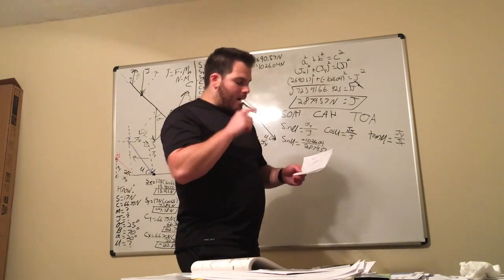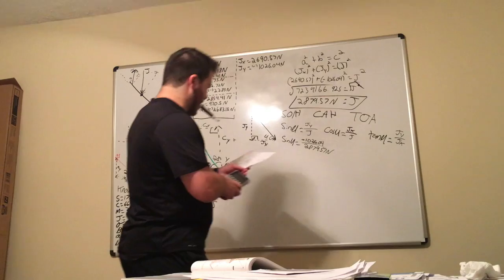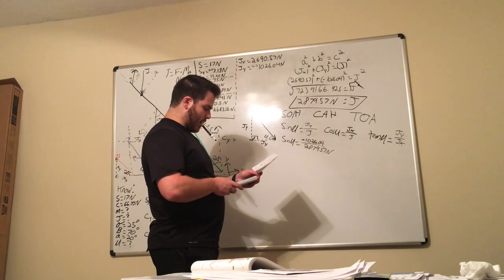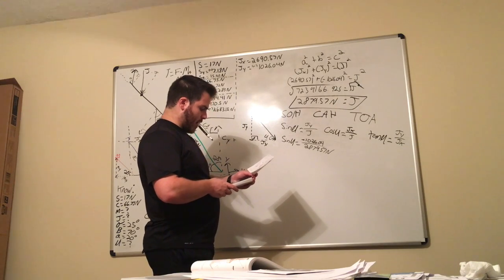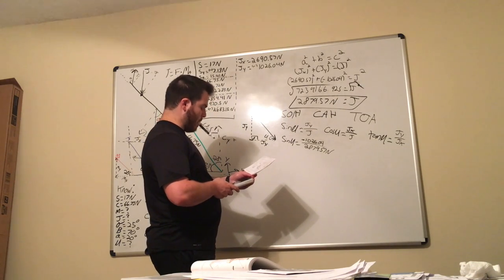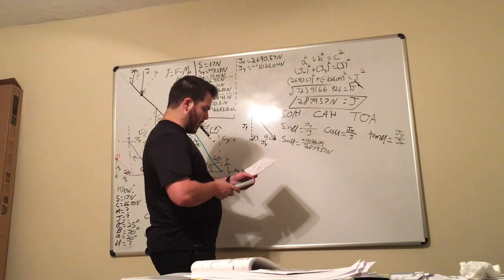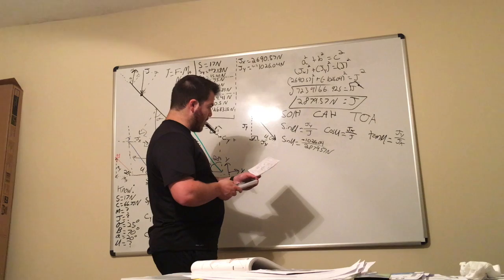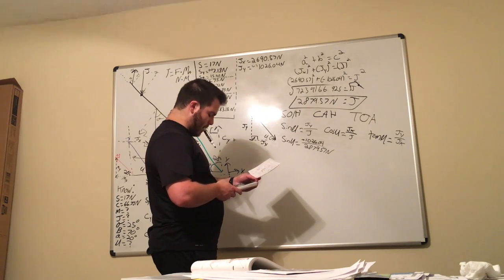And we do that, and you get, I go 1, 0, 26.04 divided by 2879.57.